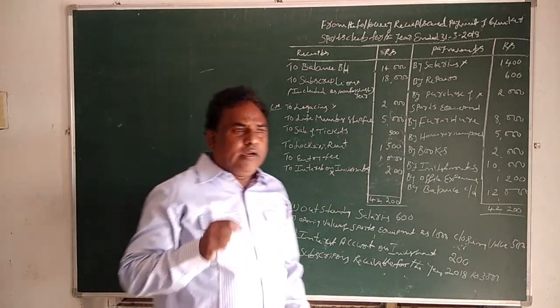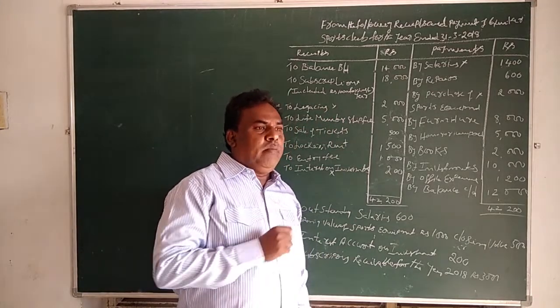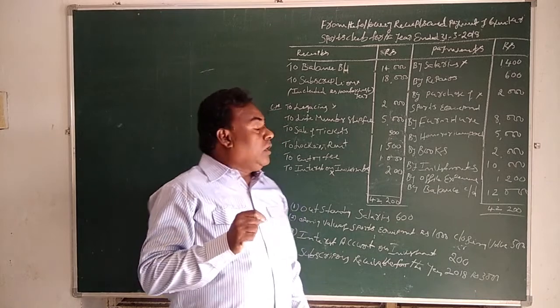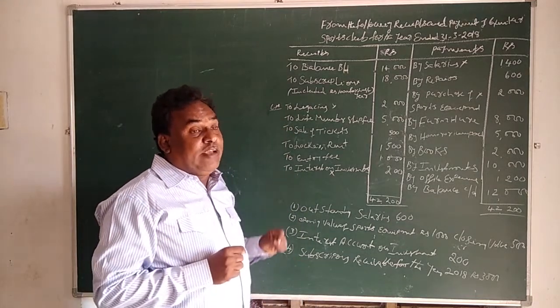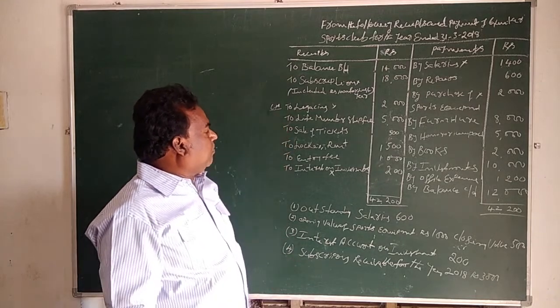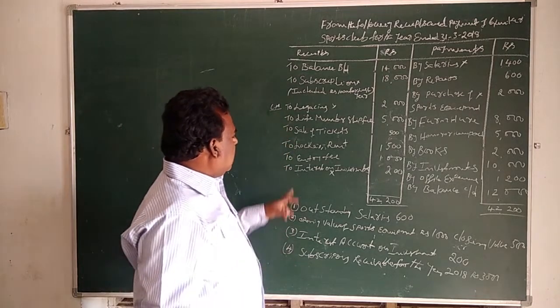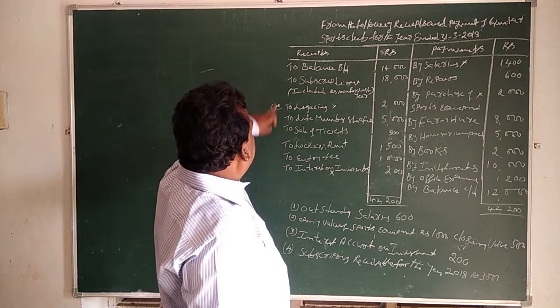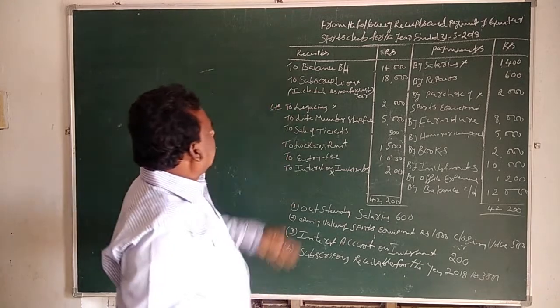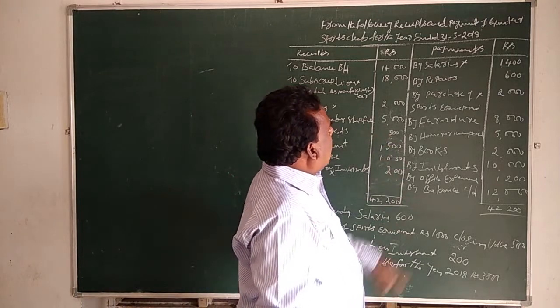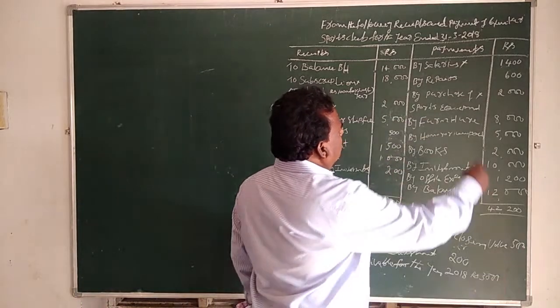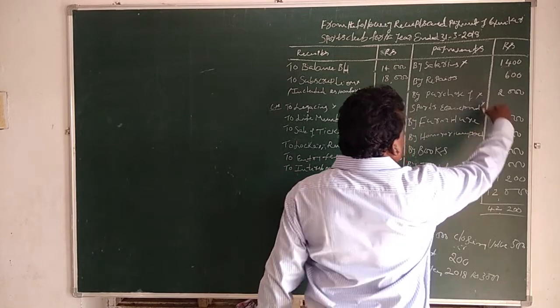Life membership also is not revenue income, it is a capital income. So life membership income is not recorded in the income and expenditure account. Next, capital payments. Purchase of sports material, it is a capital expenditure.